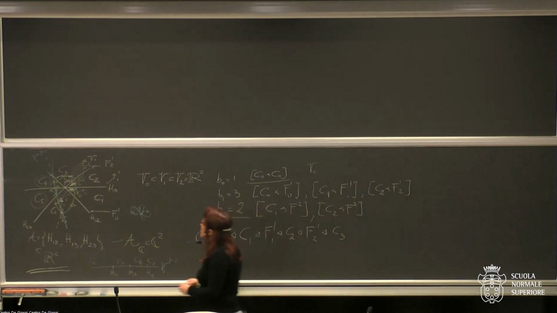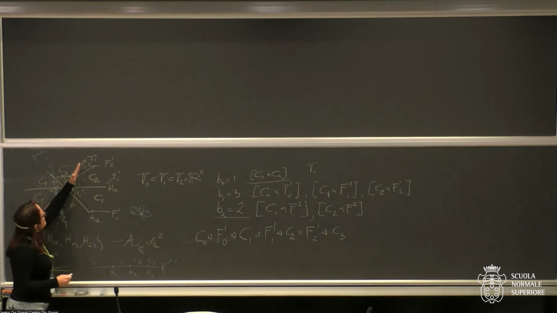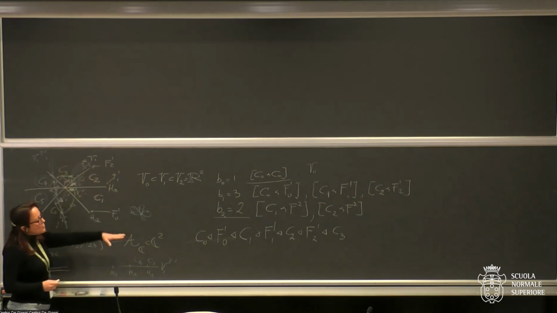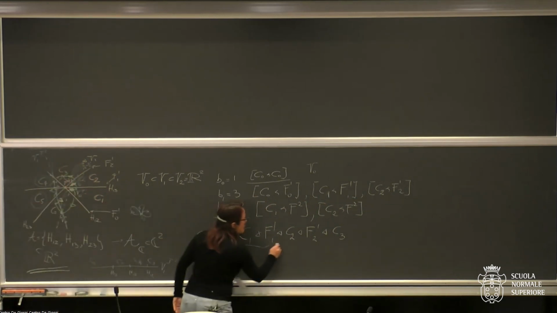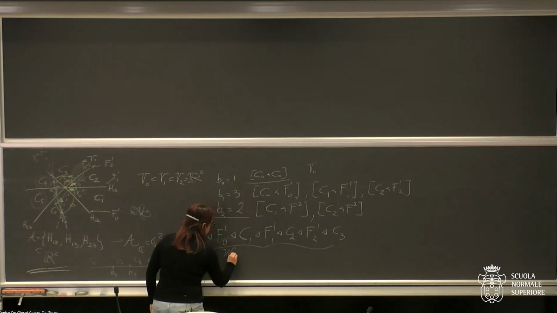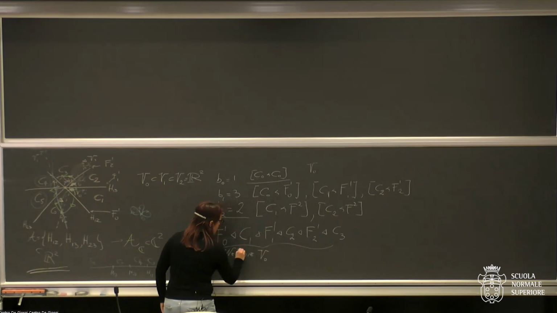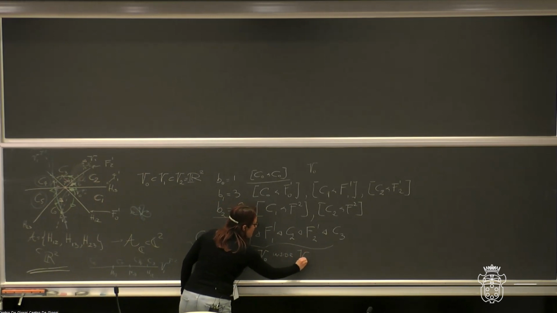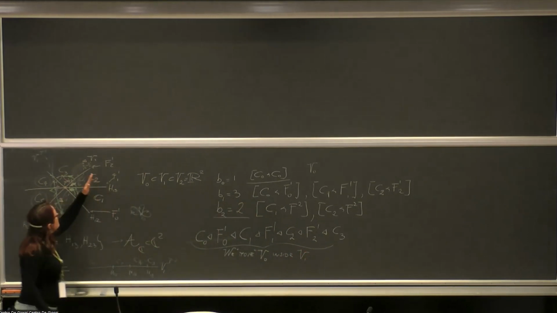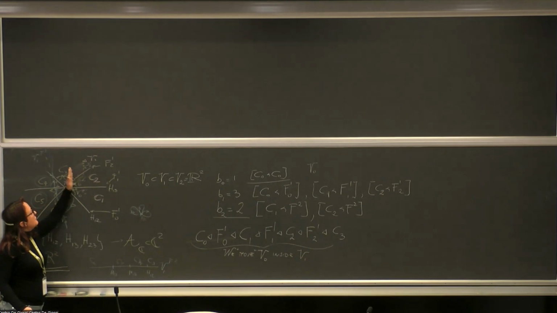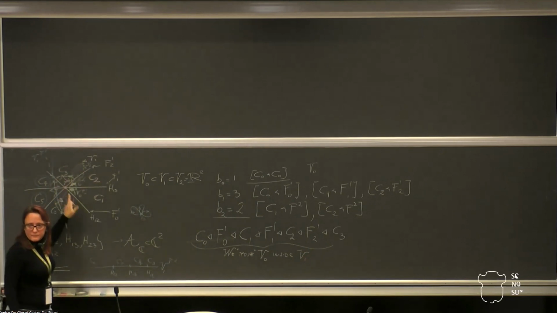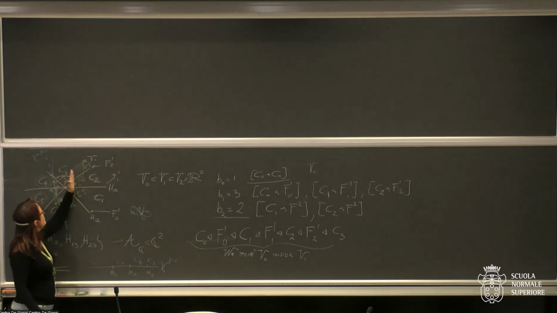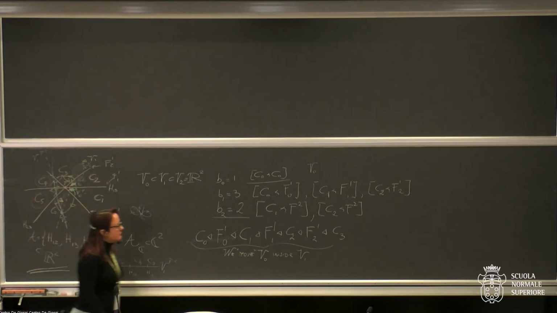So when we move V0 inside V1, and now we move V1 inside V2, the first cell we meet, of course, is F2. As soon as we move this, we meet F2.